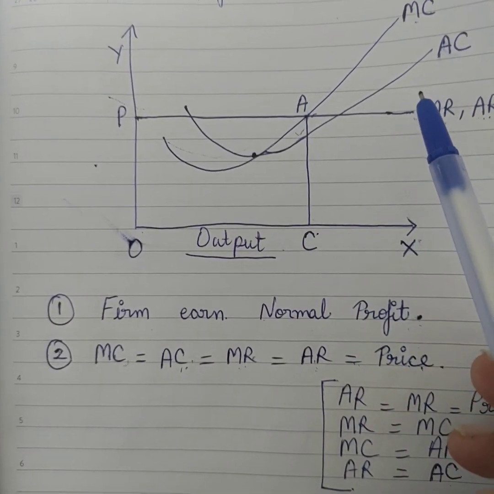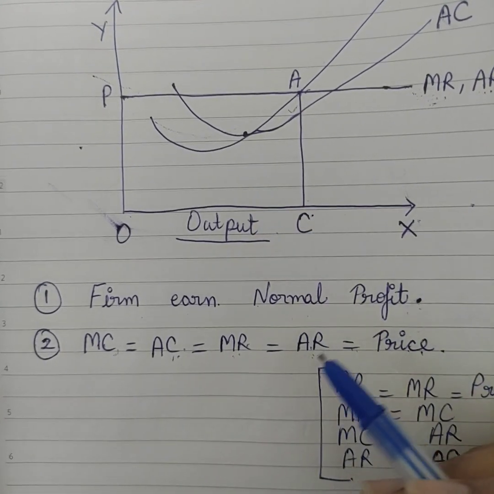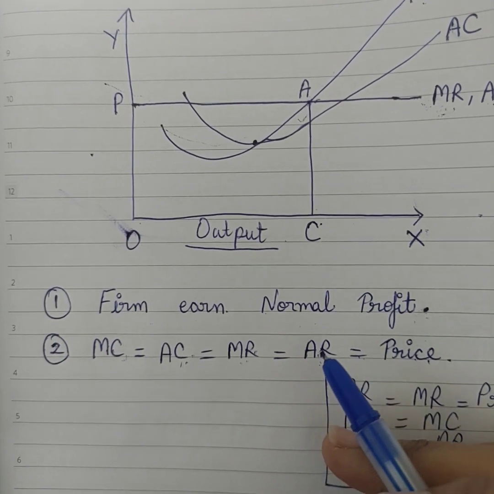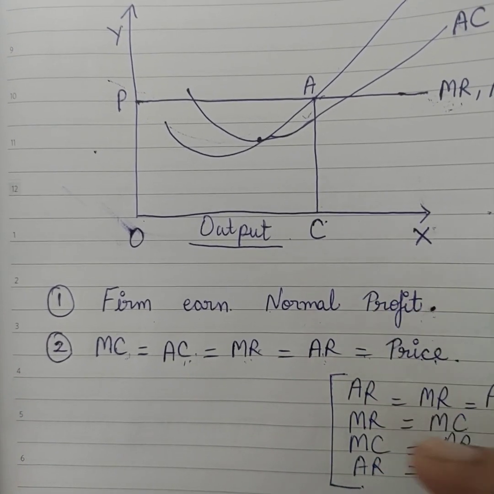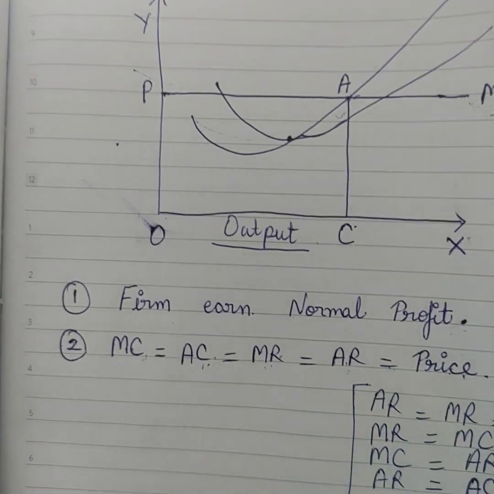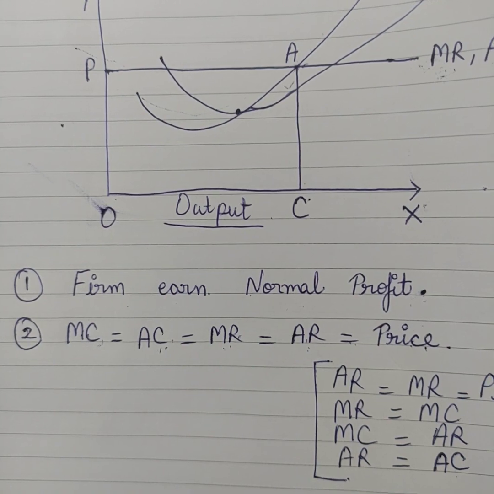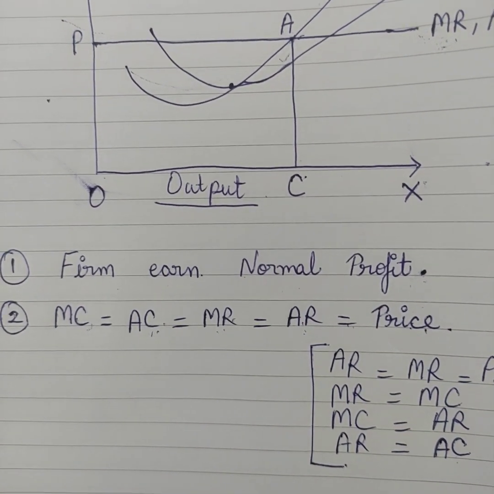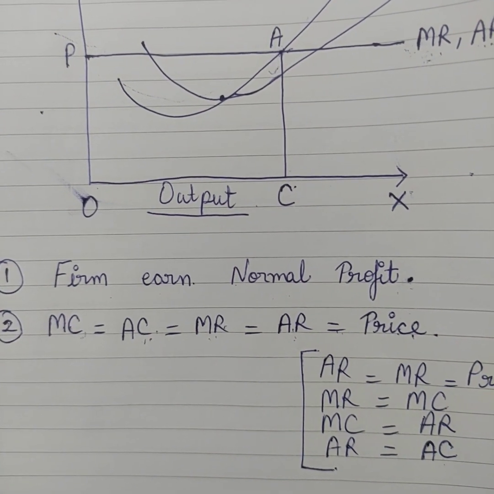So when marginal cost is equal to average cost, average cost will be at its minimum point. Again repeating, when marginal cost is equal to average cost, average cost will be at its minimum point.